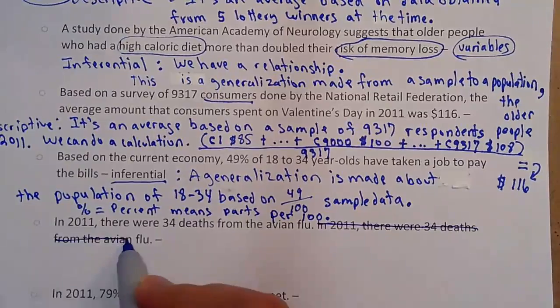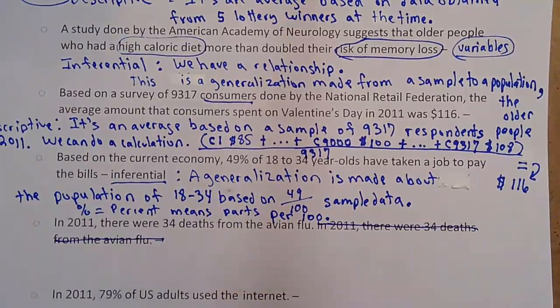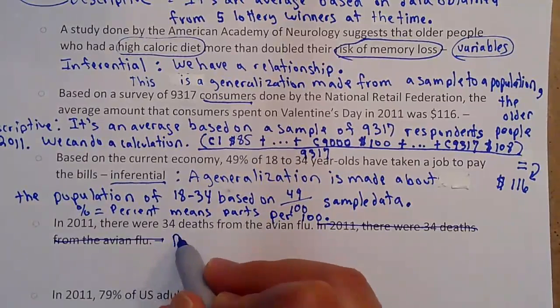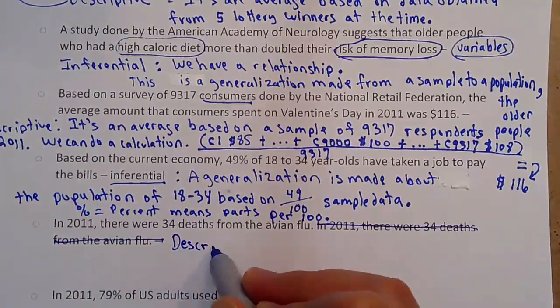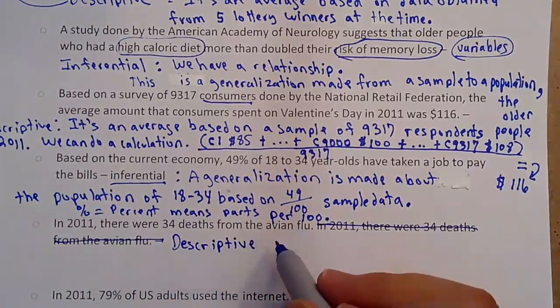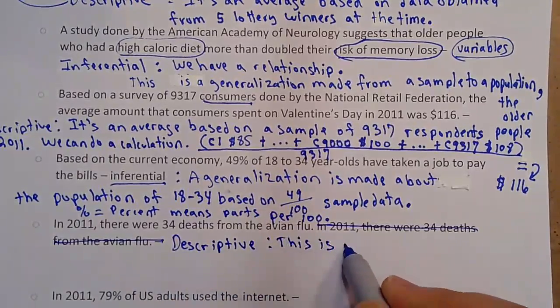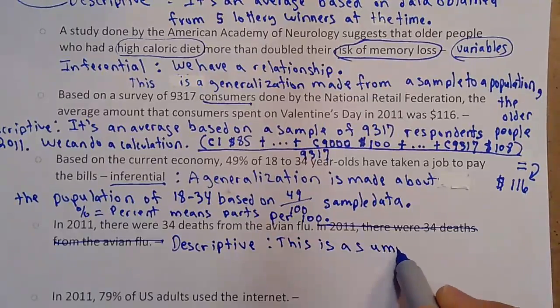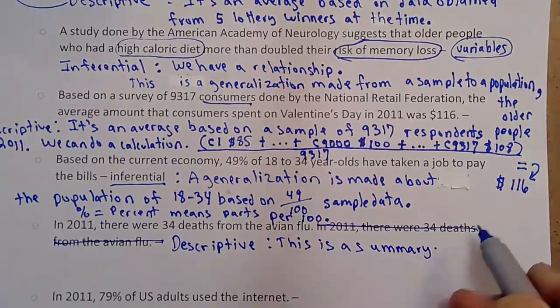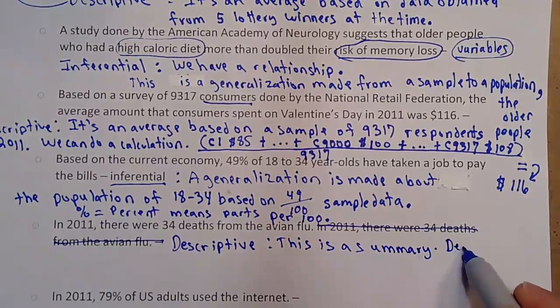Okay, and then the next one, it looks like we typed the same thing twice, but the next one says that in 2011 there were 34 deaths from the avian flu. So that's like a fact, right? This fact that's made is considered descriptive. Okay, and this is like a summary.